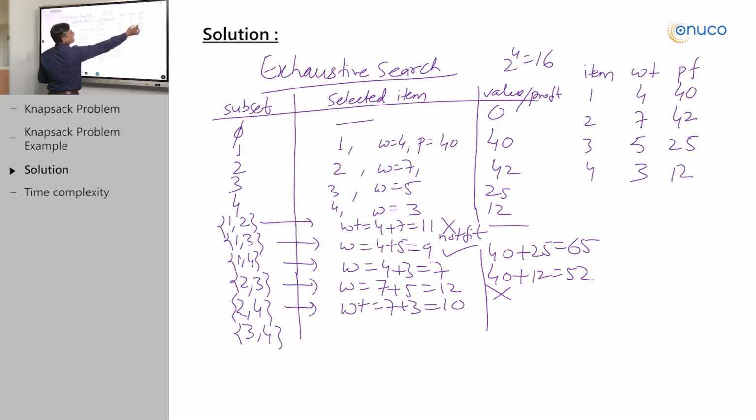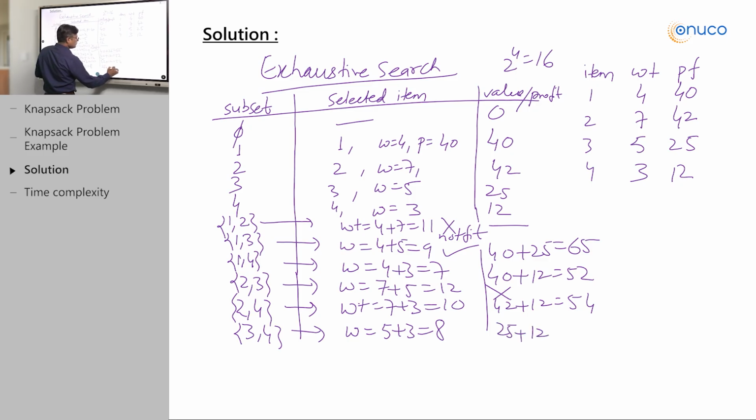In that case, what is the profit? 42 plus 12 is 54. Next, 3 and 4: weight is going to be 5 plus 3, 8, and profit is going to be 25 plus 12 is 37.